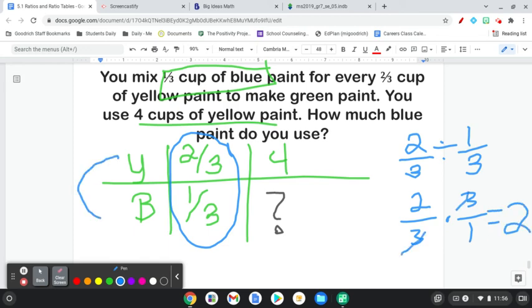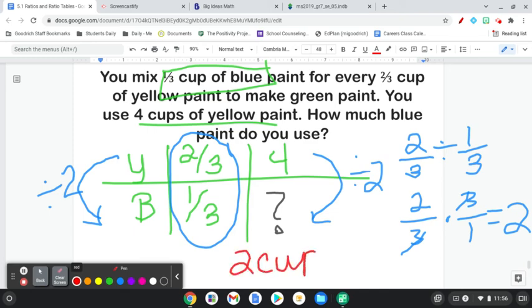What that means is to get from the top row to the bottom, I divide by 2. 4 divided by 2 gives me a total of 2 cups of blue. So if I had 4 cups of yellow, I would need 2 cups of blue, and then I would get my green paint.